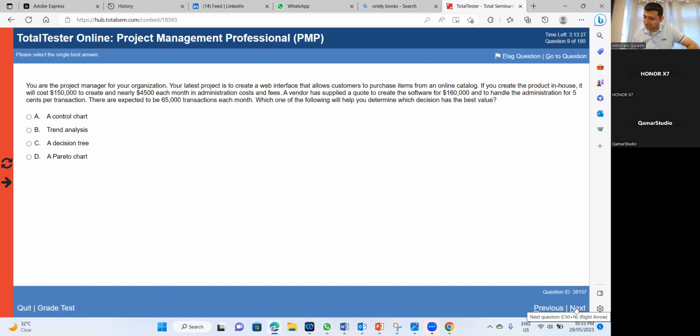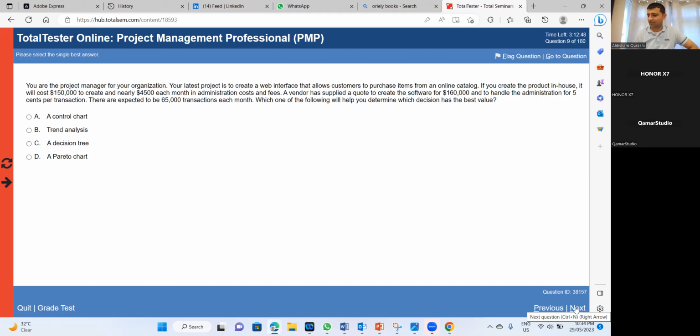Next. You are a project manager for your organization. Your latest project is to create the web interface that allows customers to purchase items from an online catalog. If you create the product in-house, it costs 150,000 to create and nearly 4,500 each month as administration fee. The vendor is supplying to create the software for 160,000 and handle the administration at 5 cents per transaction.